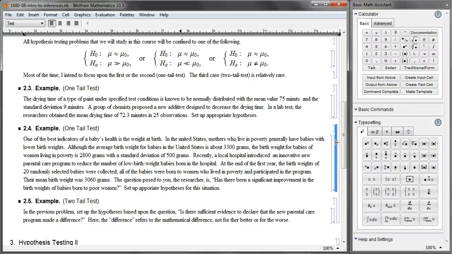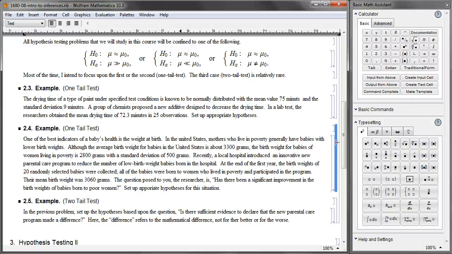Recently, a local hospital introduced an innovative new parental care program to reduce the number of low birth weight babies born in the hospital. At the end of the first year, the birth weights of 20 randomly selected babies were collected. All of the babies were born to women who lived in poverty and participated in the program. The mean birth weight was 3,060 grams.